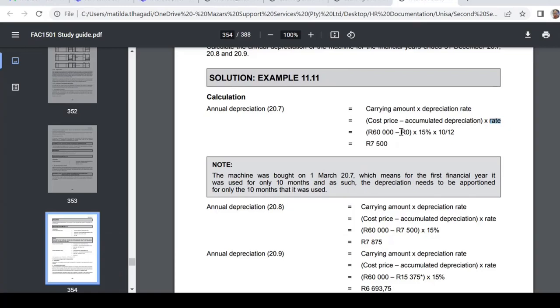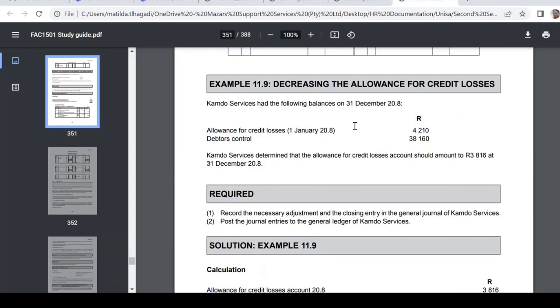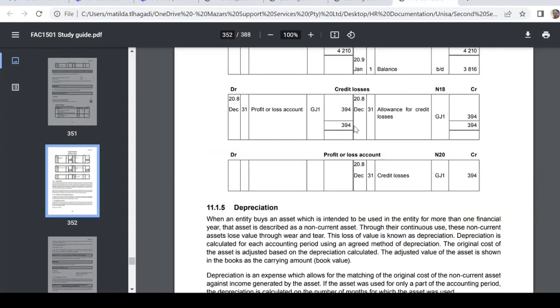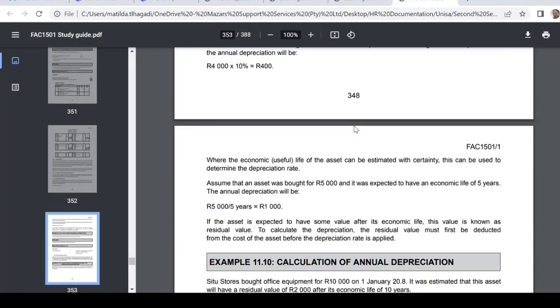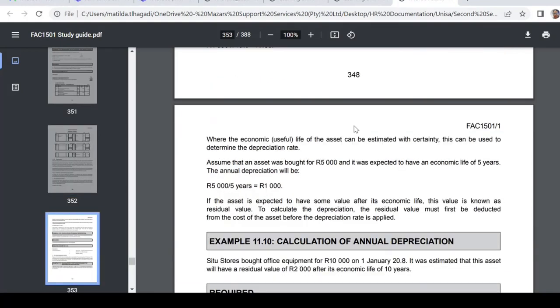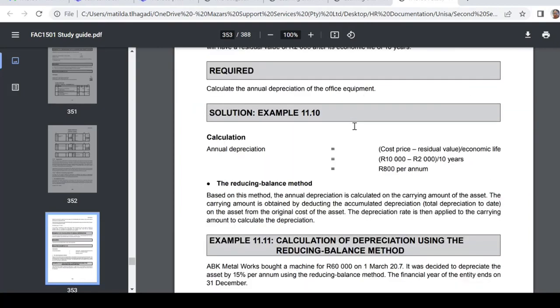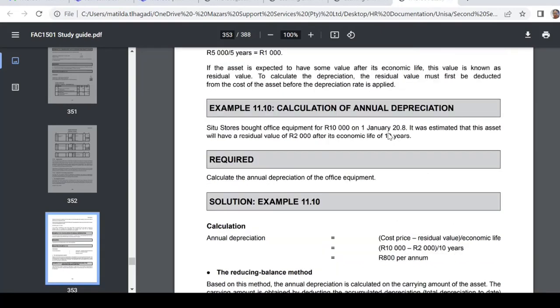In the straight line method, it's only cost price times the rate. But if an example gives you a residual value, then you have to subtract it.